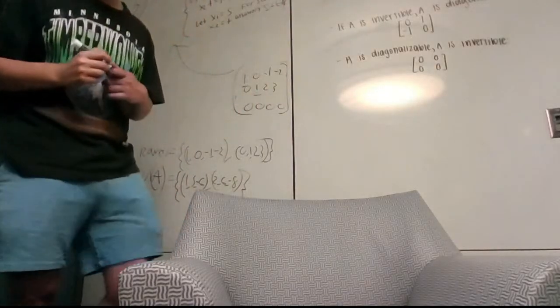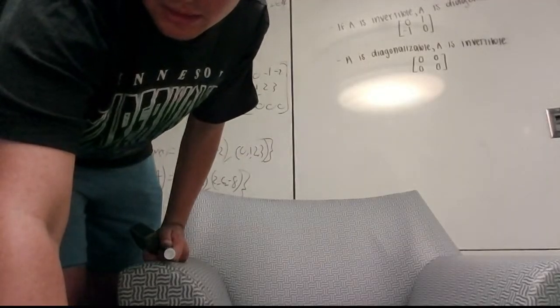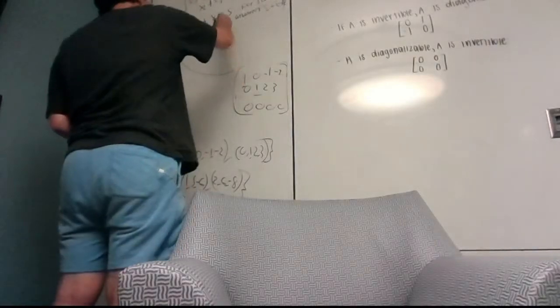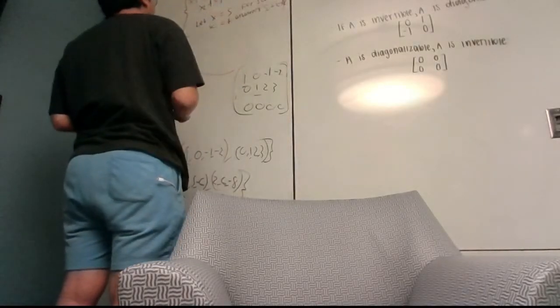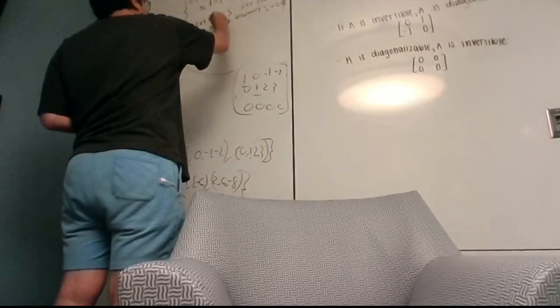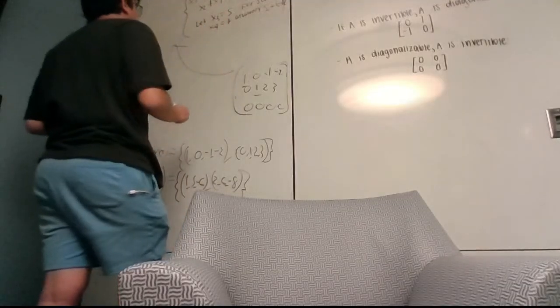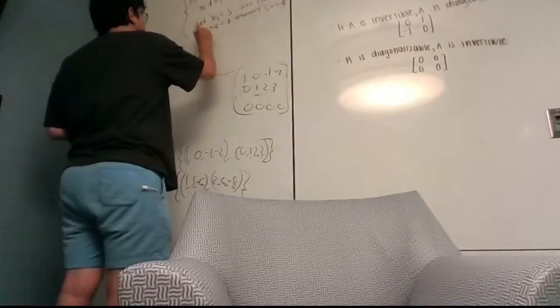Something like that. Oh wait, no, it's actually the non-pivot columns. So I got it completely wrong. Anyways, let's pretend that did not happen. Anyways, now we can go and solve for our solutions.